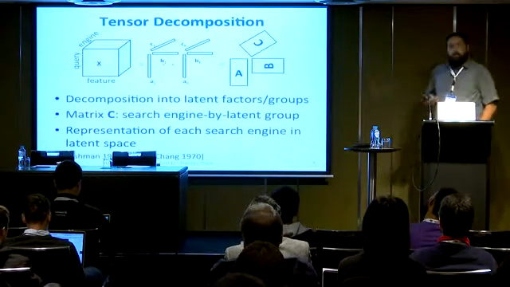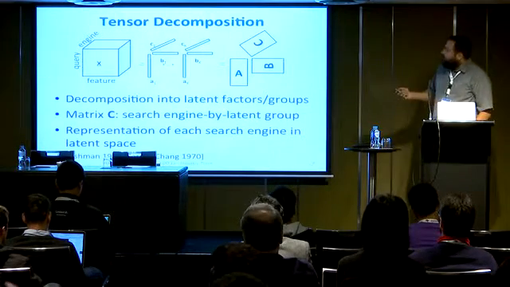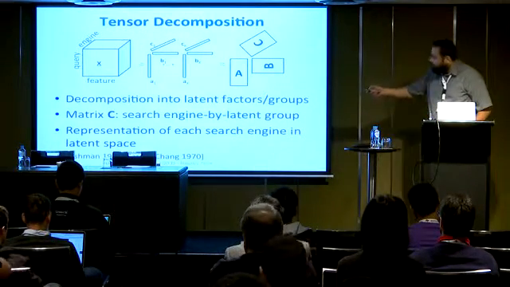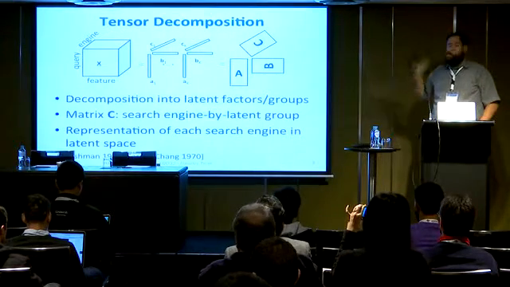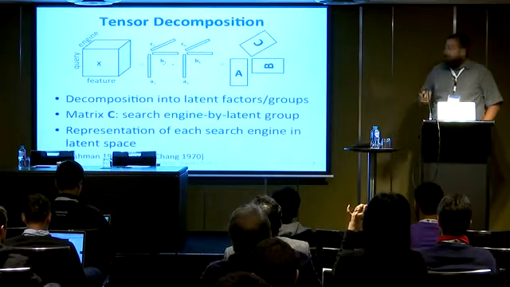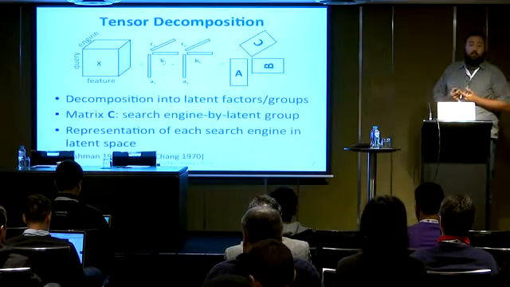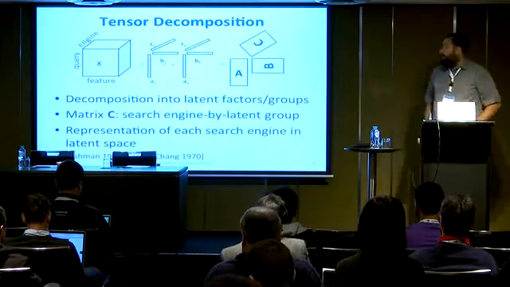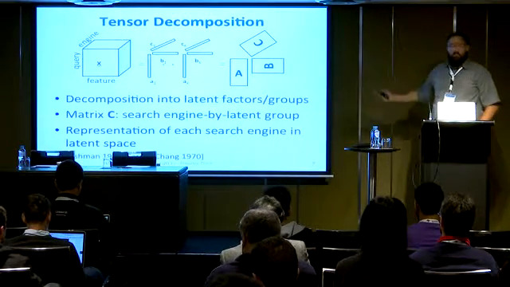And normally what we do with this is we analyze it into latent components. Each one of those triplets of vectors is a latent cluster that brings together queries, features, and search engines into the same latent space. And so what we do here is called a PARAFAC or canonical decomposition.